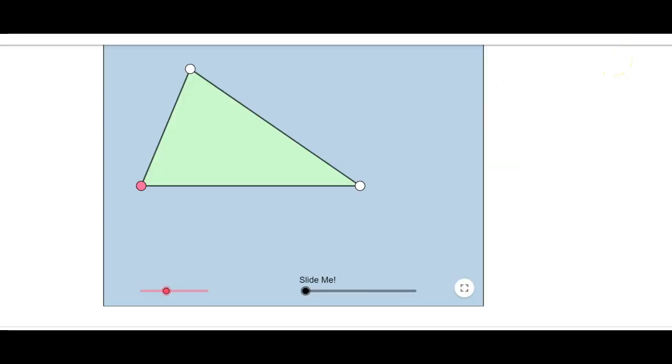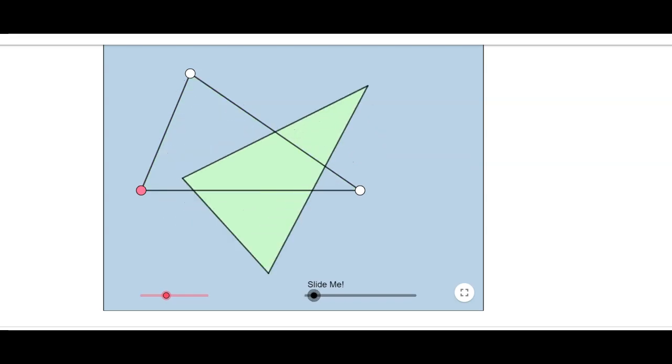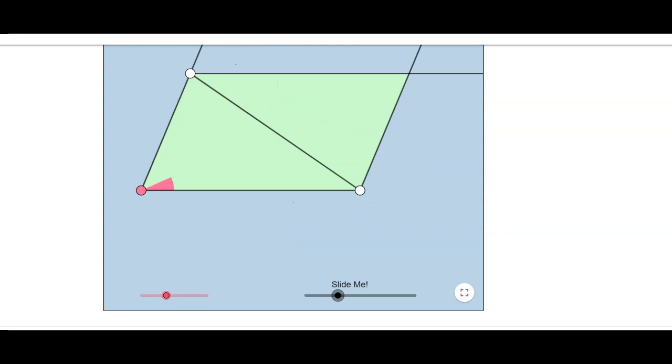To see a better visual, we're going to look at GeoGebra here and the triangle we've got drawn. You can take this slider right here and slide it. Notice if you take any triangle, you can make a parallelogram with it by duplicating it. Now, they also show you it's a parallelogram. If you continue sliding it, you can see how these angles are congruent, which makes these lines right here parallel. So therefore, it's a parallelogram.